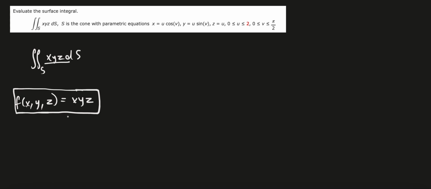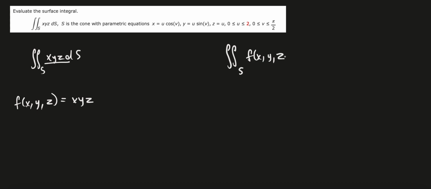Now, this is going to be important, but what we also need to know is how we can take something in this form and set that equal to something in terms of u and v. We don't like this dS too much because you can't just use that to integrate.